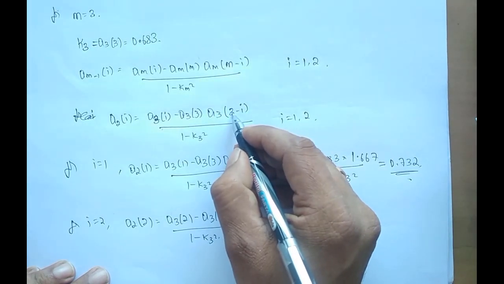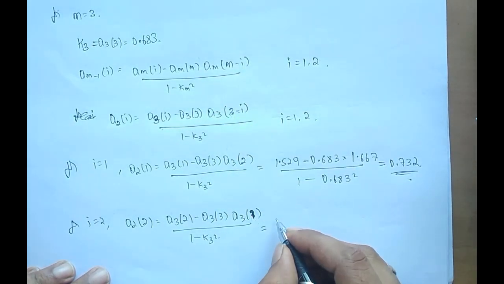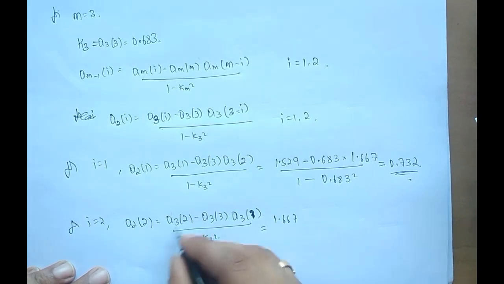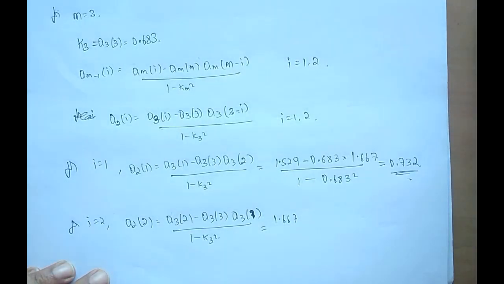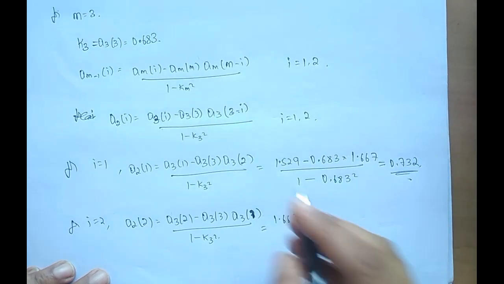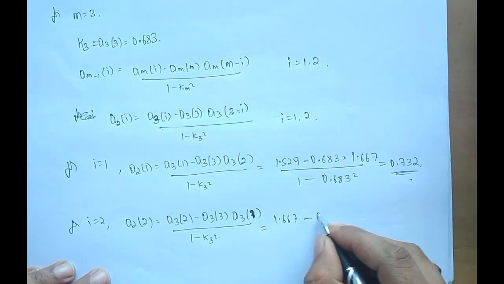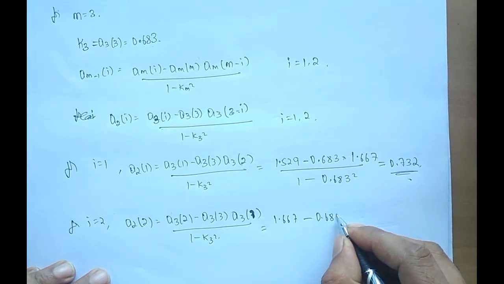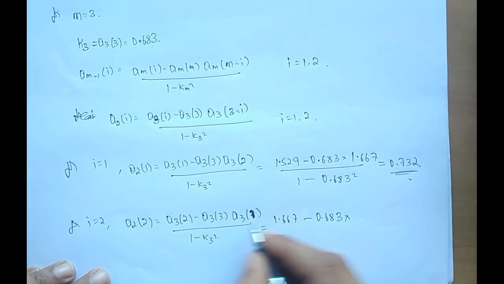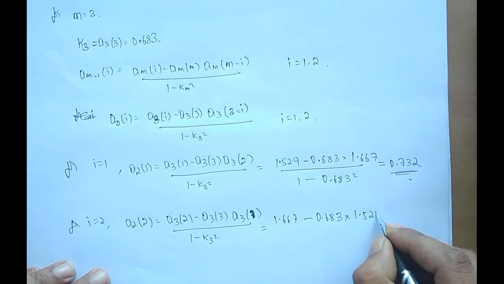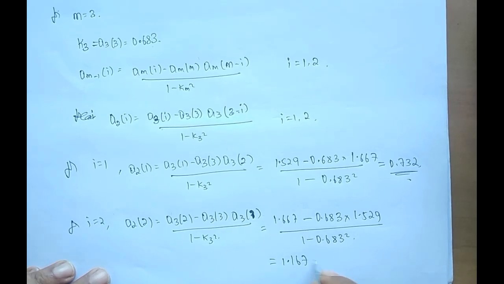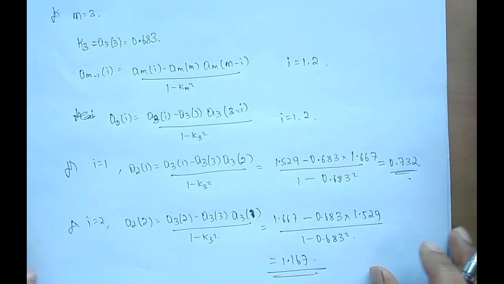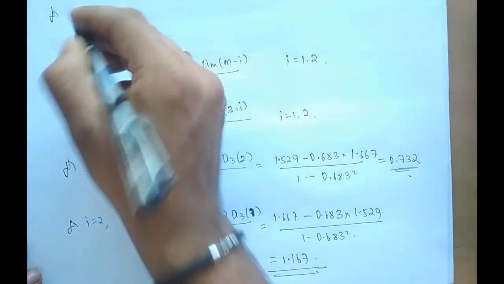Because when i equals 2, 3 minus 2 is 1. a3 of 2 value is 1.667 minus a3 of 3 value, which is 0.683, into a3 of 1 value, which is 1.529, whole divided by 1 minus 0.683 square. So this ends up with 1.167. Okay, this is for m equal to 3.